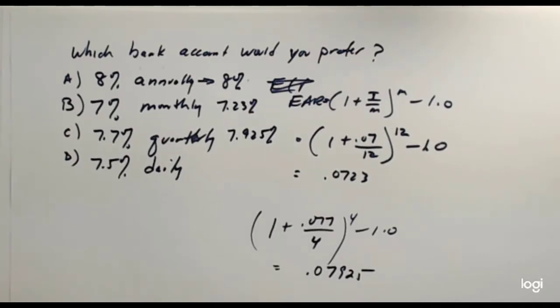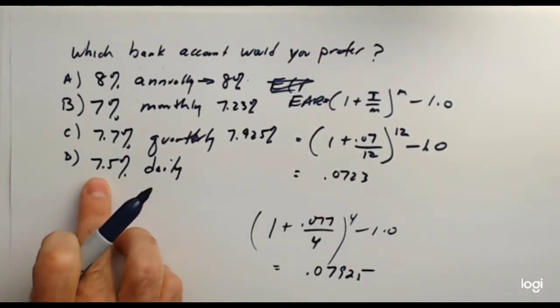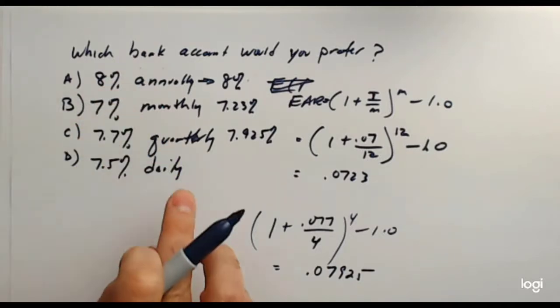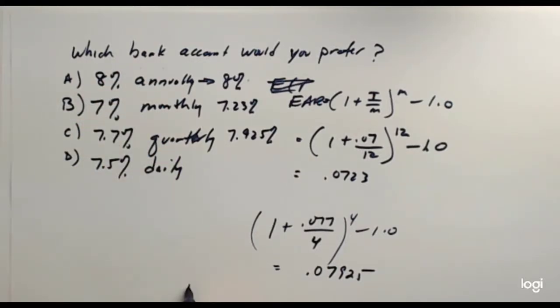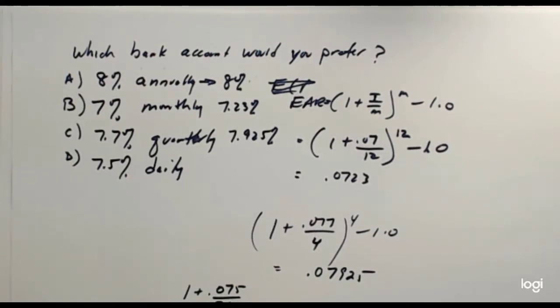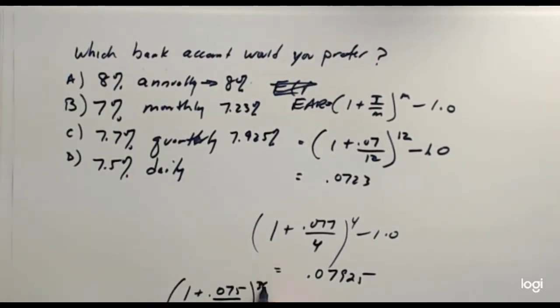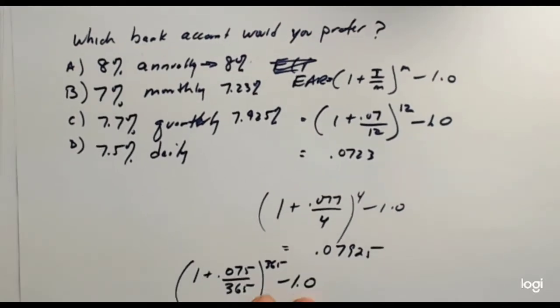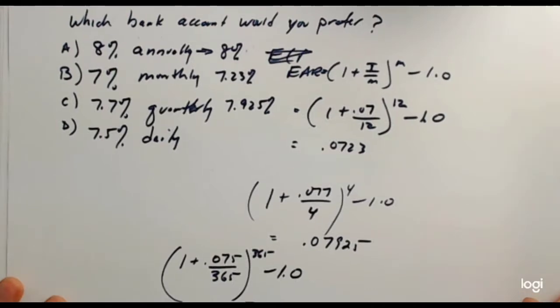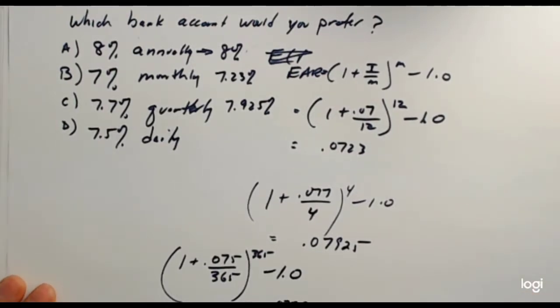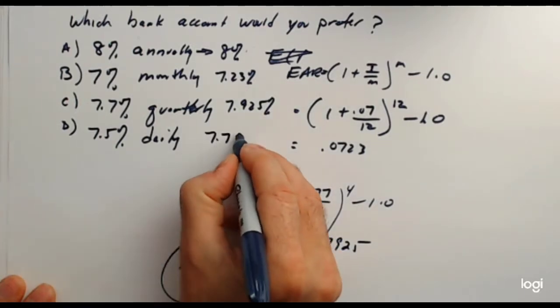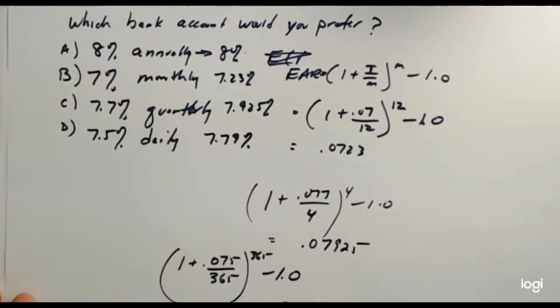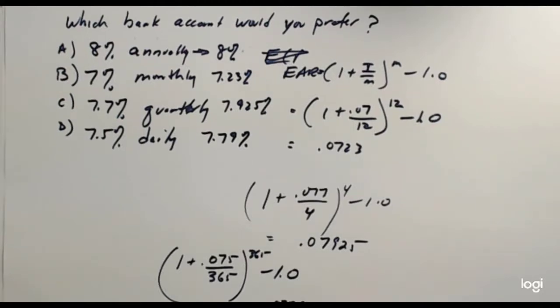And then if we do it daily, do you think daily will bring us all the way up above 8% effectively? Well, let's do it. 1 plus 0.075 divided by 365 to the 365 power. And what do we get when we do this calculation? We get 0.0779, or 7.79%.